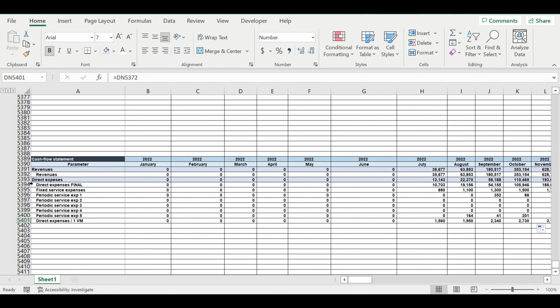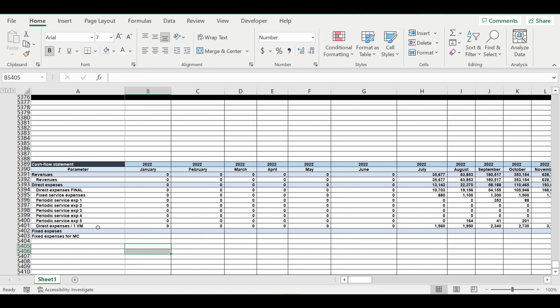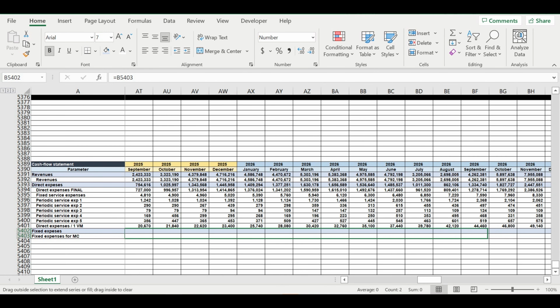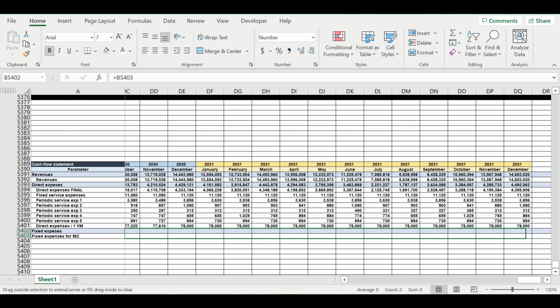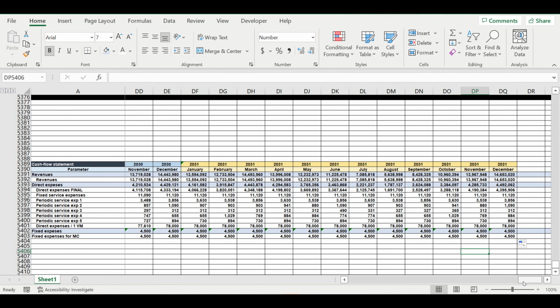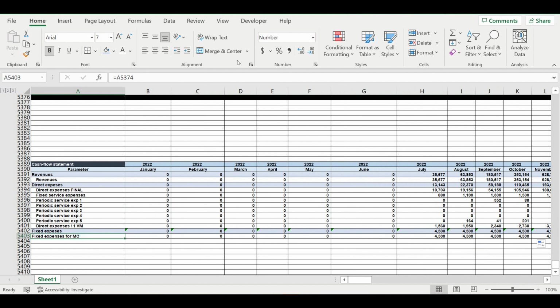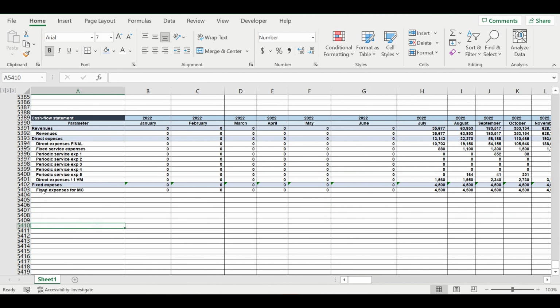Then we move to fixed expenses. So here will be fixed expenses. Then we are moving to payroll.